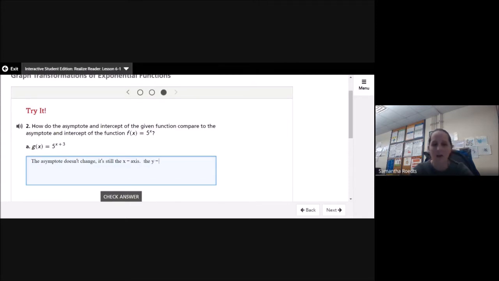So the y-intercept is translated from 5 up to 125. So if x were 0, 5 cubed gives me 125.